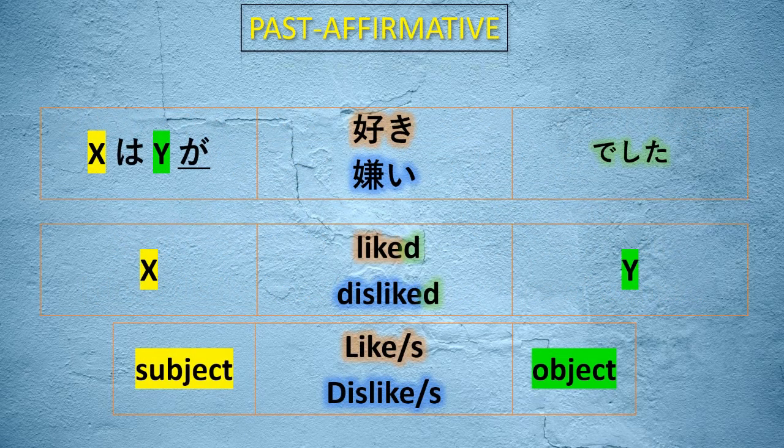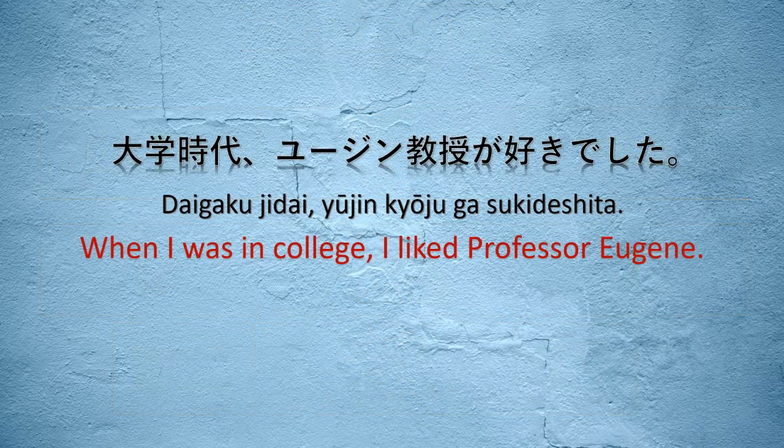Now for the past affirmative, we have like or dislike. X は Y が好きでした。or X は Y が嫌いでした。X liked Y or X disliked Y. 大学時代、友人教授が好きでした。When I was in college, I liked Professor Eugene.